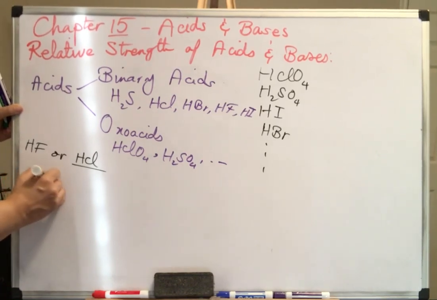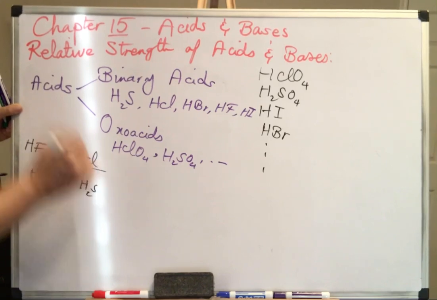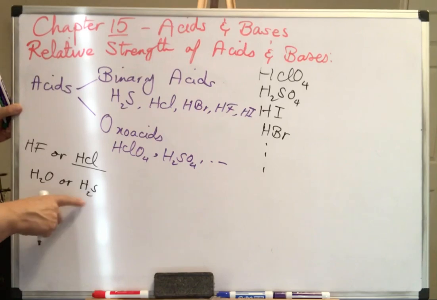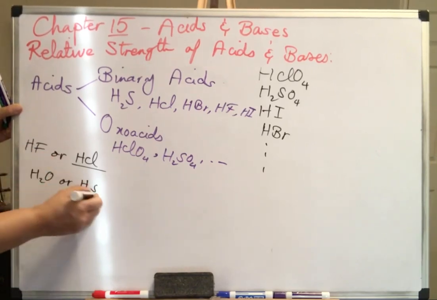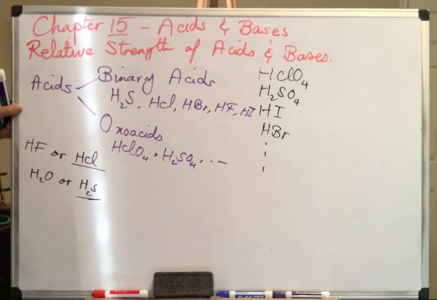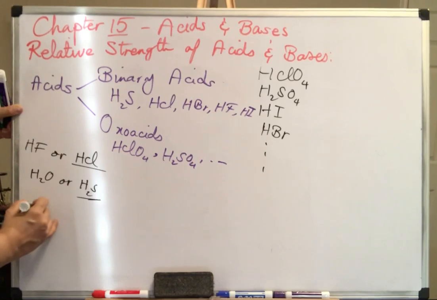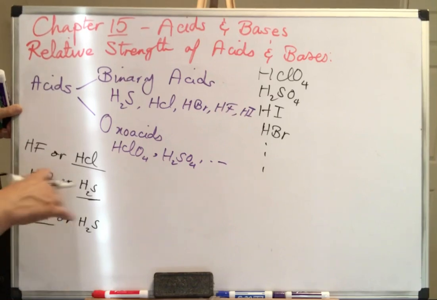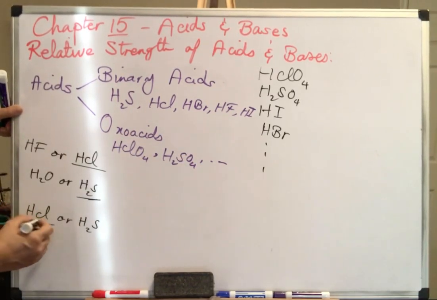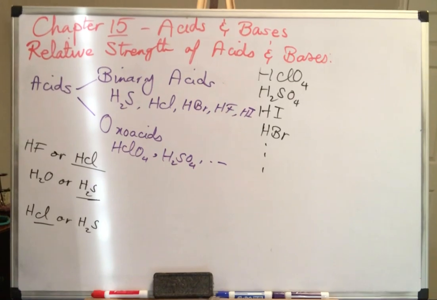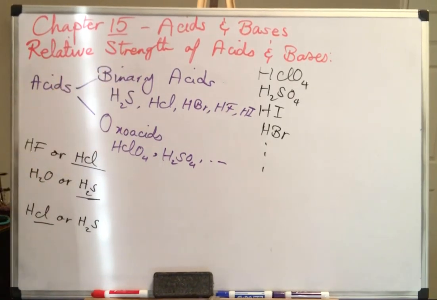Between H2O and H2S, again, we are comparing two elements in the same group, oxygen and sulfur. Which one is larger, lower down the group? H2S. So H2S is a stronger acid. And between HCl and H2S, we just mentioned it. HCl is more towards the right, chlorine is more electronegative, and the hydrogen is going to be released faster. So this is how you justify the strength of the acid for binary acids.